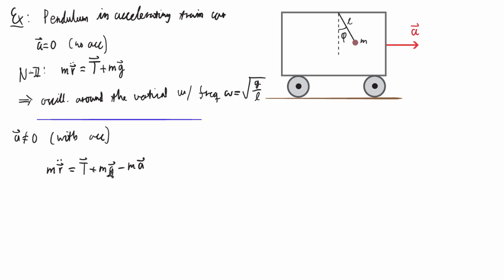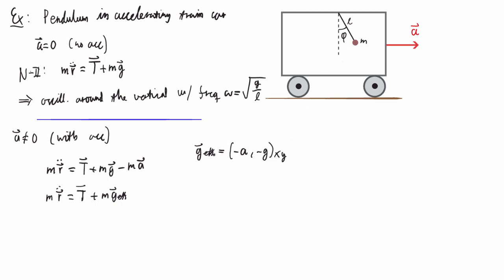Now we can see that both the gravitational force and the inertial force are proportional to the mass. So we can just rewrite this as m r double dot equals T plus m g effective, where g effective has this form in the xy plane. These are its components, minus a and minus g.